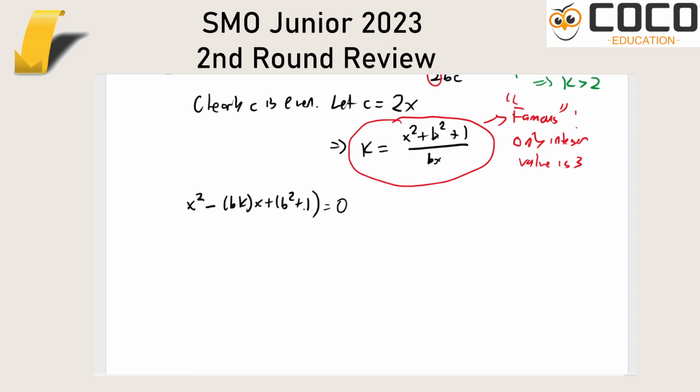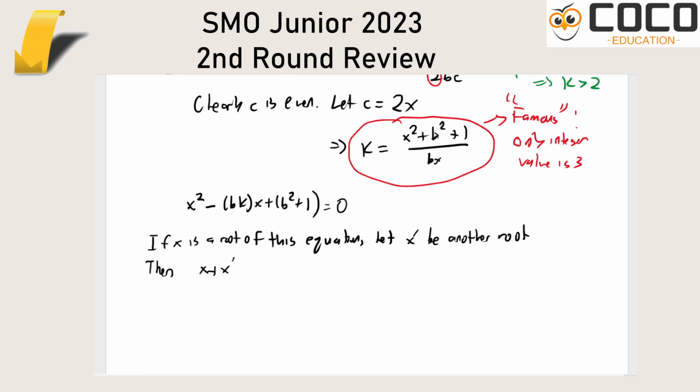And if there's a root, there should be another root. Since it's a quadratic, then from Vieta's, the sum of these two would be bk, and the product of these two would be b squared plus 1.